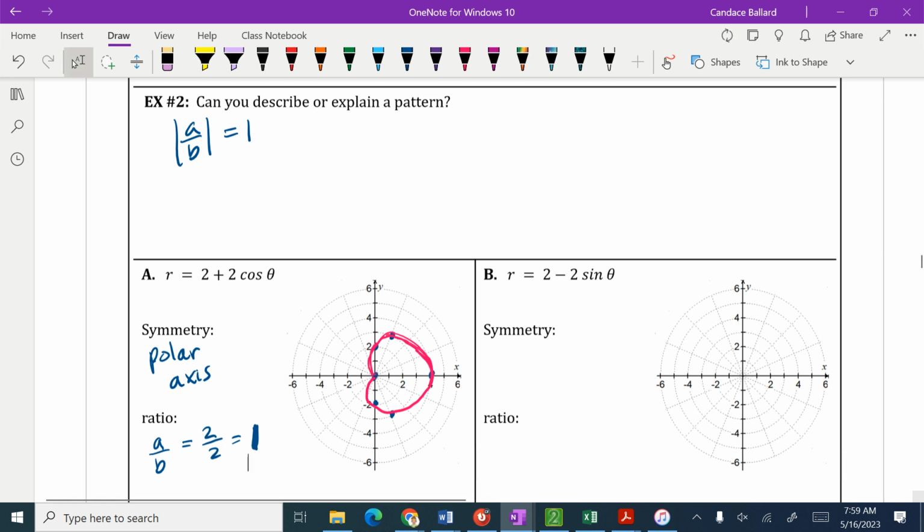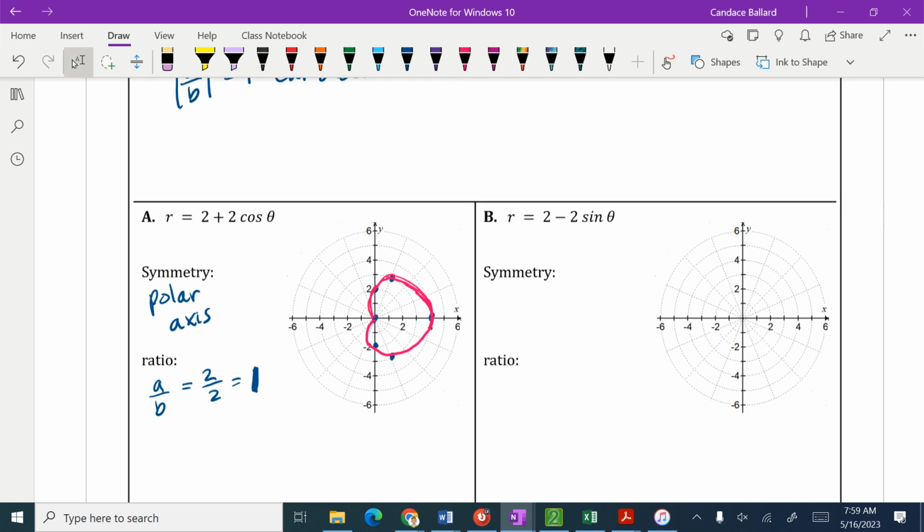So when we have the ratio equal to 1, it's a cardioid. And then we also understood that it was a positive cosine. So that made it go to the right. Because we also looked at the negative cosine, made it go to the left.